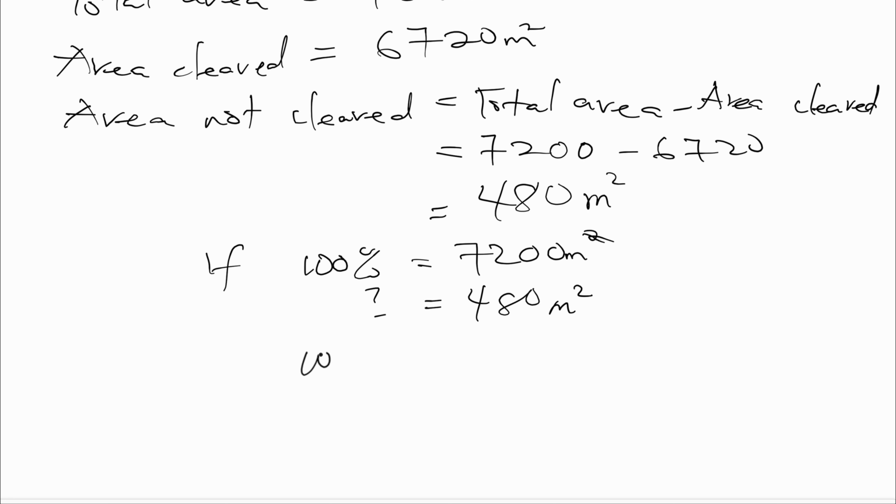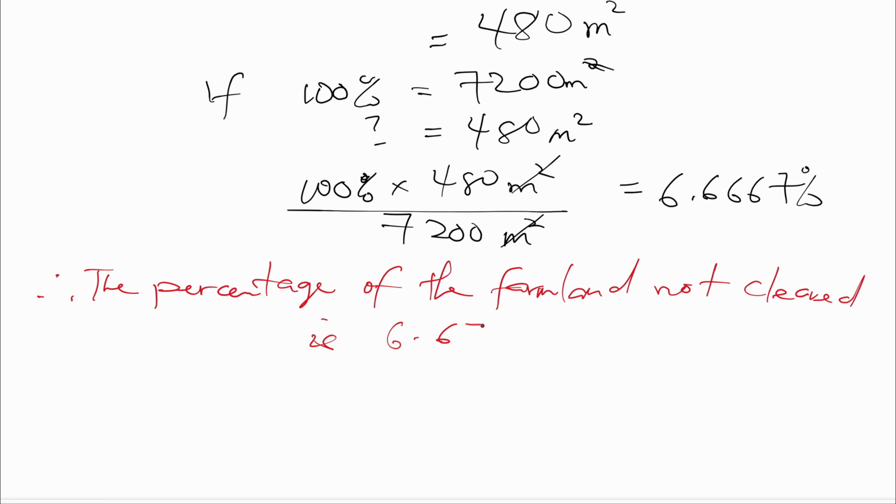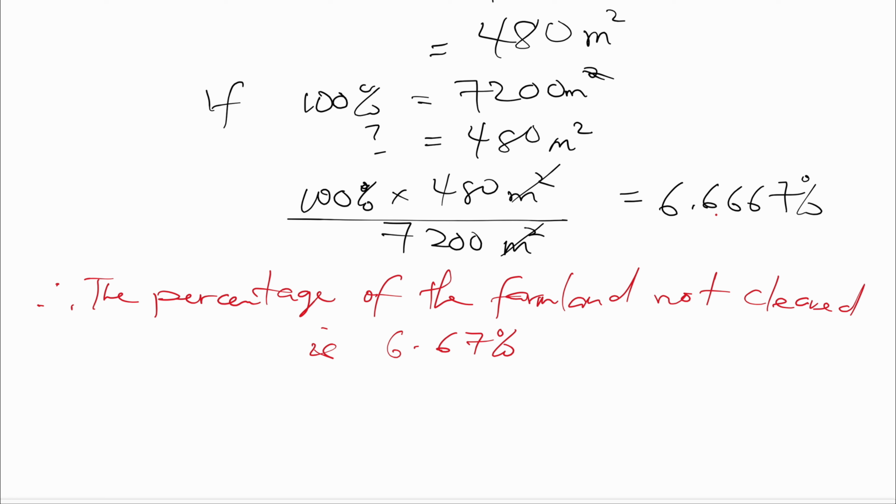Then 100 times 480 divided by 7,200 gives us 6.6667%. So therefore, the percentage of the farmland not cleared is 6.67%. This brings us to the end of question 10 of the 2018 Nov-Dec core maths theory questions.